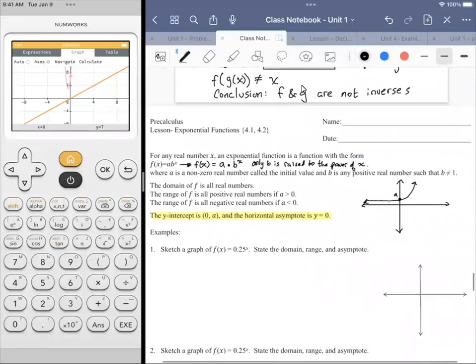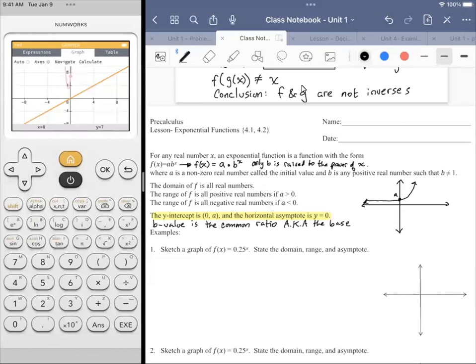The b value, again, is another one of those instances where it takes on different names. The b value is the common ratio, also known as the base.